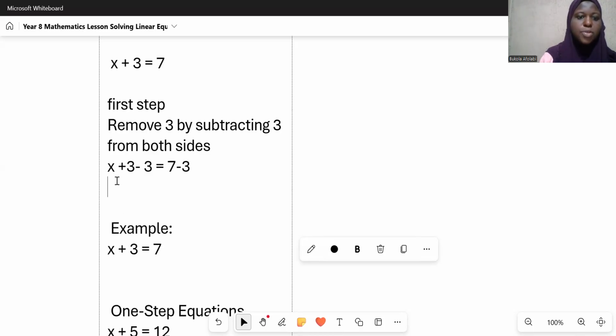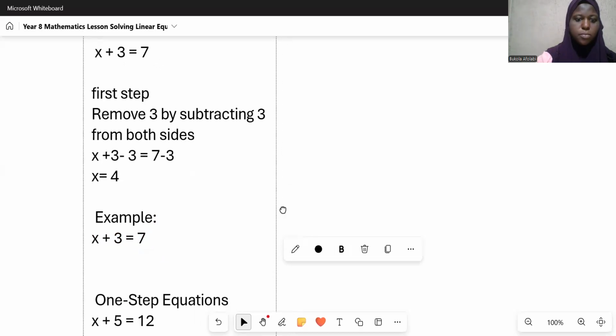Minus 3 cancels out plus 3. So we have X equals 4. Good. X equals 4. So now let's take more examples.